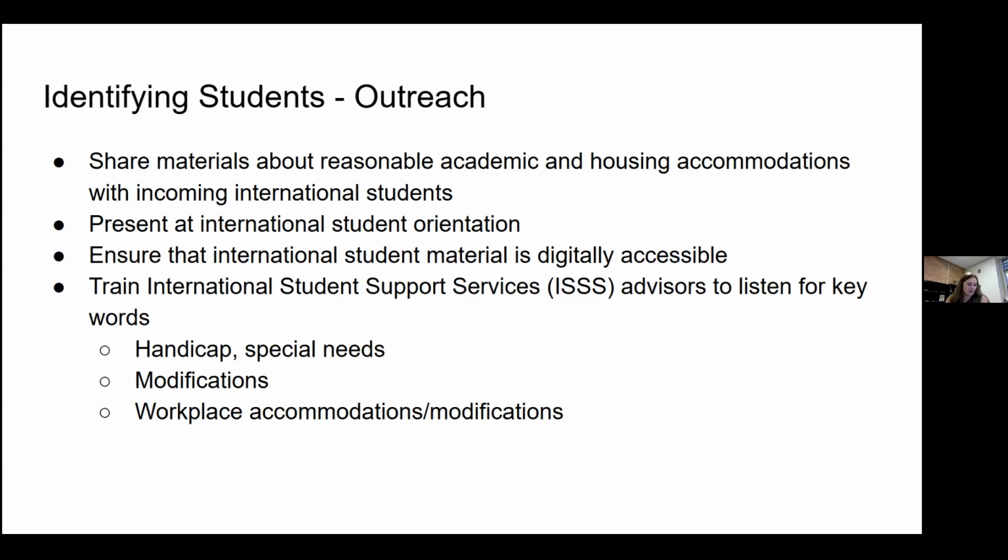And finally, "workplace accommodations" or "modifications," same thing as above. We are working on what phrases they are using and making sure the International Student Support Services advisors are able to at least catch those to get them to the right services.